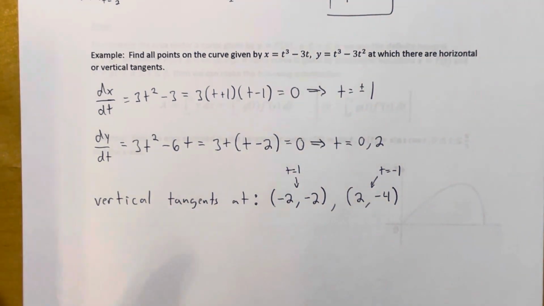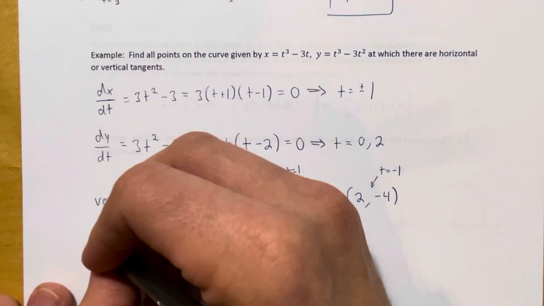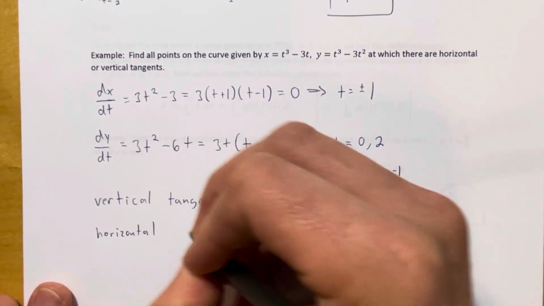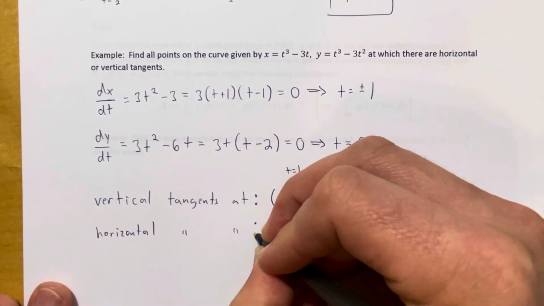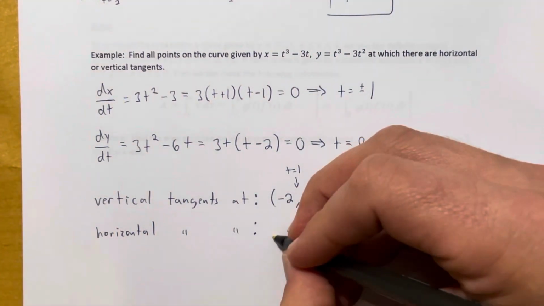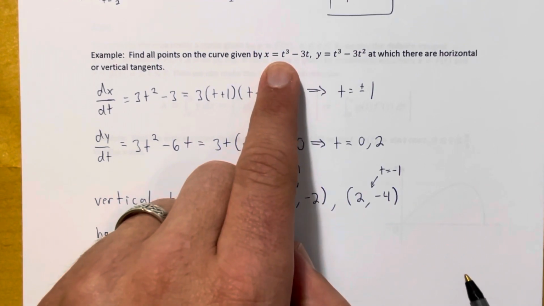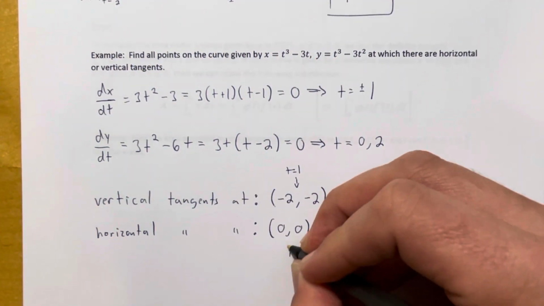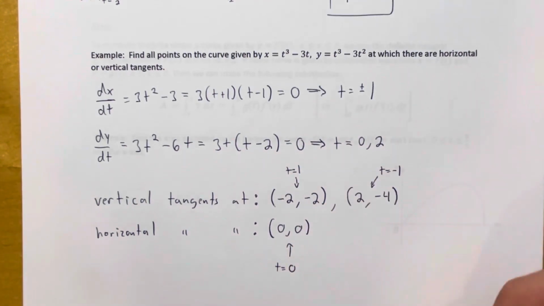Horizontal tangents, like we saw, come from when dy/dx is equal to 0. So horizontal tangents at what values? Plugging a 0 into both of my parametric equations is going to give me 0 here and 0 there. So I get the origin when I plug t equals 0 in.